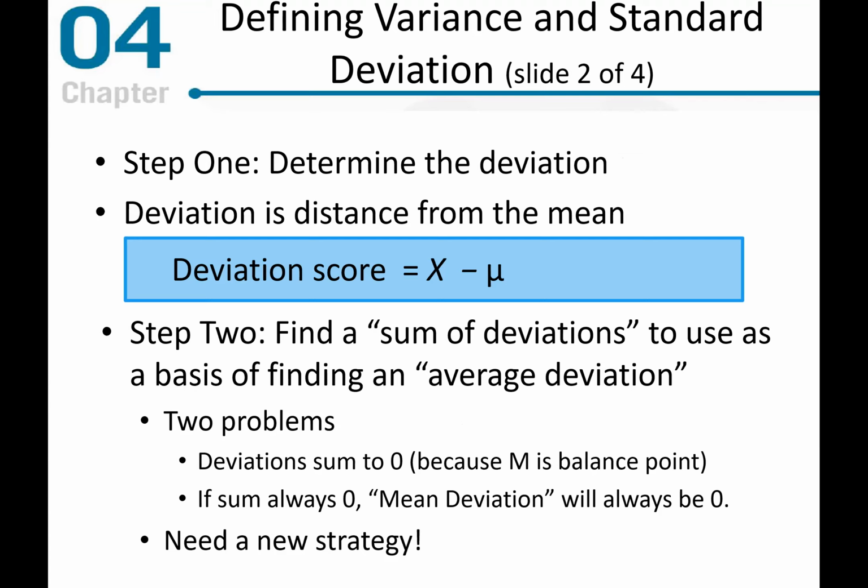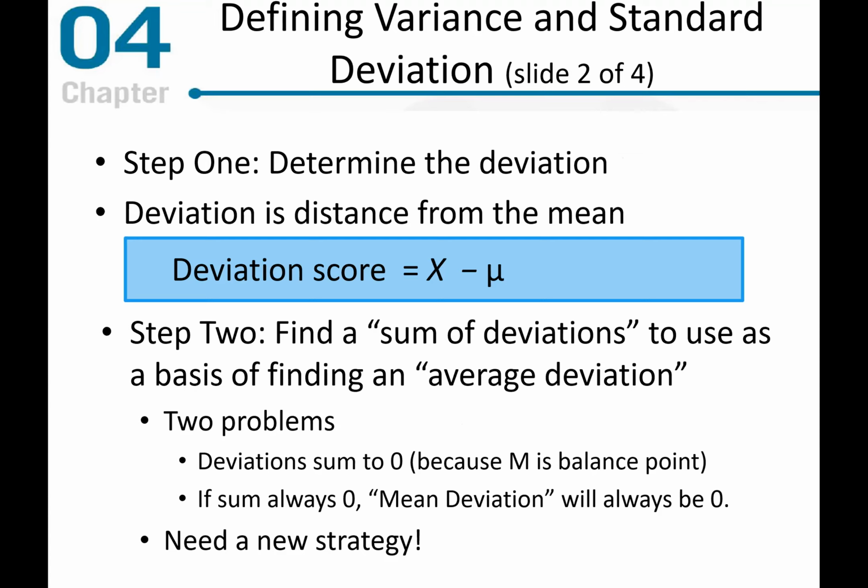So if we revise step two, what we are going to do is remove the negative deviations. All right. So how we do that is we're going to square each deviation score. And then once we have squared each deviation score, we are going to add up all of those squared deviations.